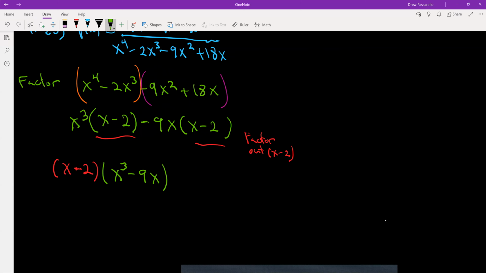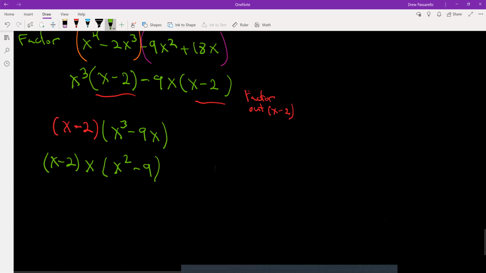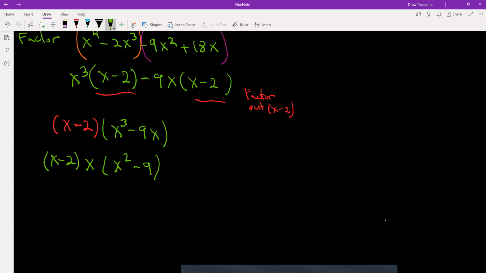I could factor out x. So I still have the x minus 2. For the x cubed minus 9x, they share x in common, so I factor out x. That's going to make this x squared minus 9. I'll just reorder it and put x in the front to make it look nicer. So it'd be x times x minus 2 times x squared minus 9.